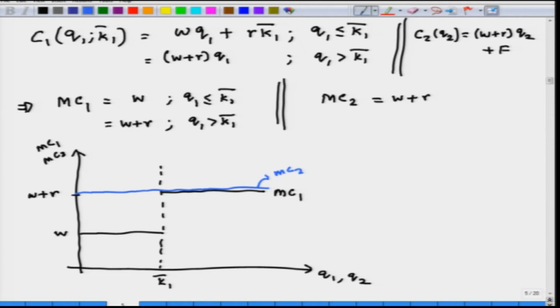So, this graph essentially explains why investment in capacity can have a commitment value.